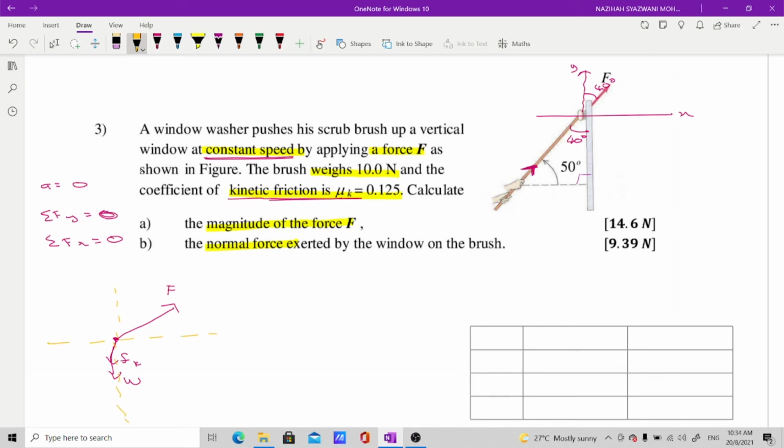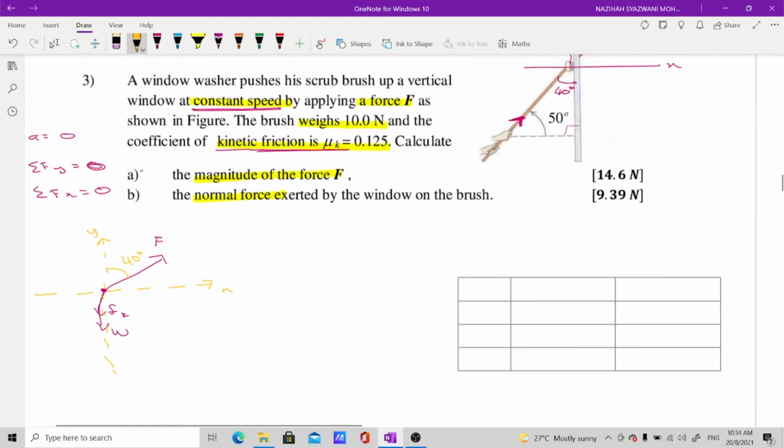Assume it is a straight line, please. This is my x, this is my y, and this one would be 40 degree. Now we can resolve the vectors. Y component, x component, sorry. So we have how many forces? 1, 2, 3 forces.